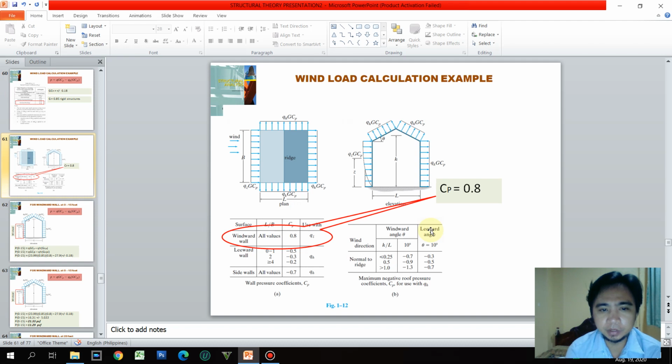Okay, so we'll now proceed to the windward wall. So where is the windward wall? So this is the windward. So if this is the direction of the wind, the side nearest to it, or the direct hit of the side, will be the windward. So this is the windward wall.